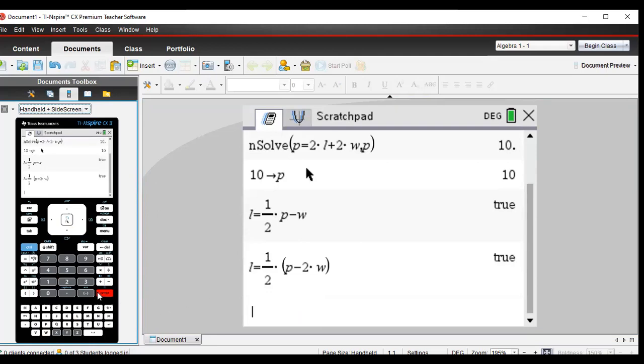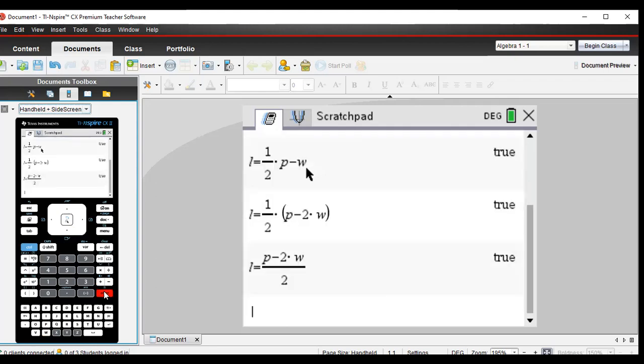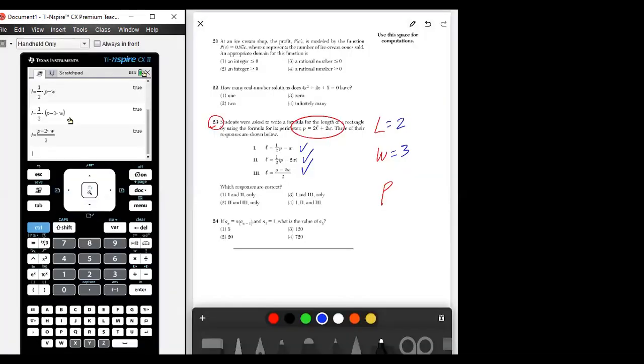Then the third one: L equals, control divide, we got a stack fraction. It's going to be P minus 2W on the top, and on the bottom we have 2. We also get true. So all three of those are true. And what does that mean? That means that our answer choice is 4.